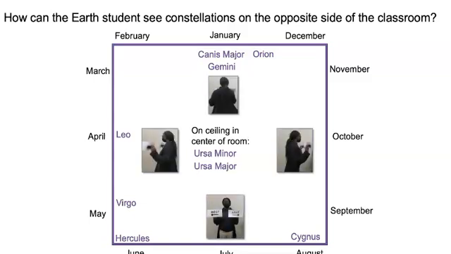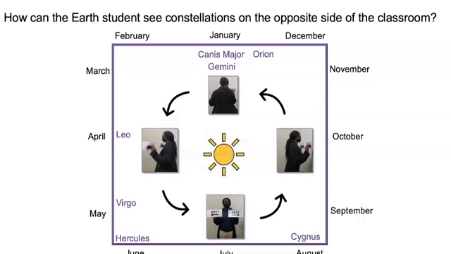Well, the Earth student would have to move to different areas of the room to see the different constellations. In other words, the Earth student would need to orbit the sun to see different constellations at different times of year. But remember, the Earth student needs to face toward the wall and away from the sun to see the stars in the night sky.